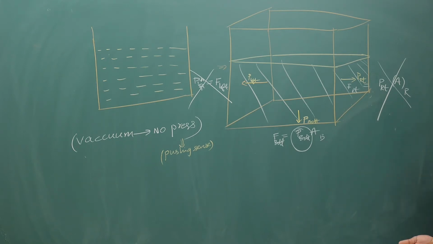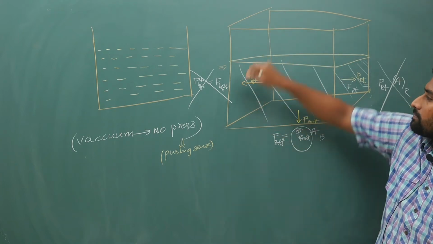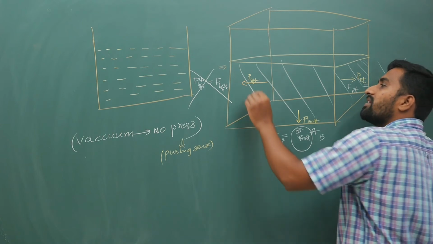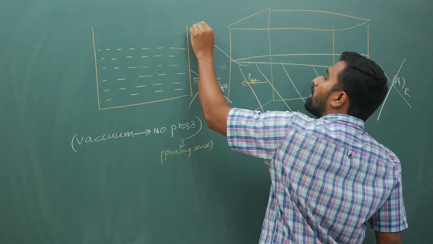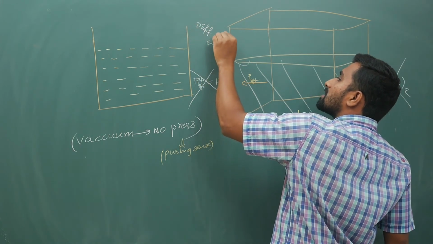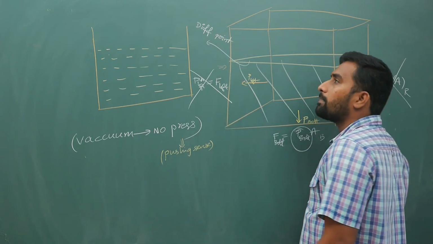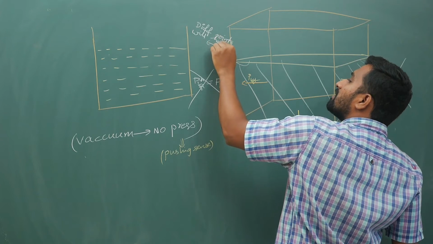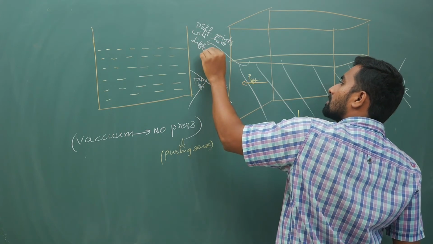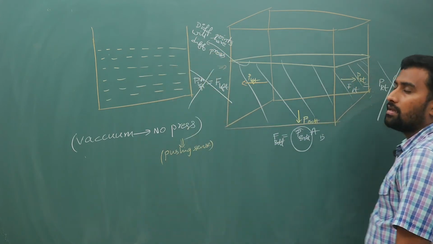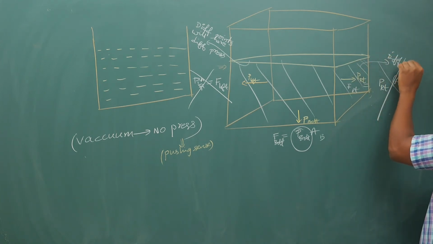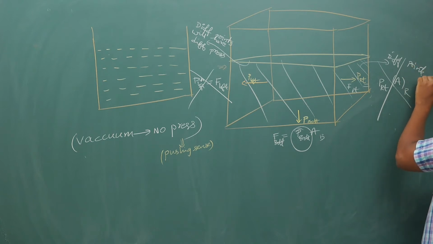Because along this surface, if you take from top to bottom, your pressure is different. For this face of the container, different points will have different pressures. As you keep changing height your pressure will change, so different points will have different pressure, and this side also different points will have different pressure.